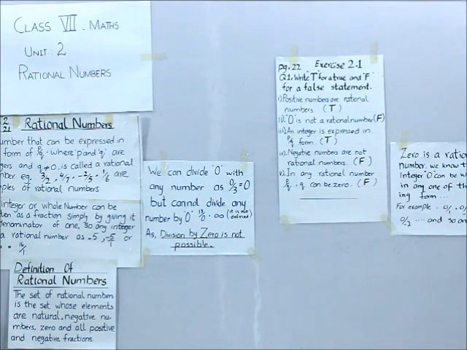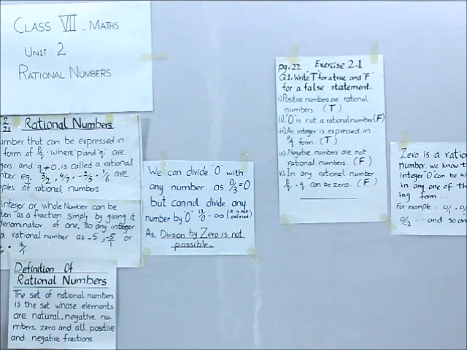Let me explain again. An integer or whole number can be written as a fraction simply by giving it a denominator of 1. So any integer is a rational number. Minus 5 is an integer and we can easily convert it into a rational number in this way.